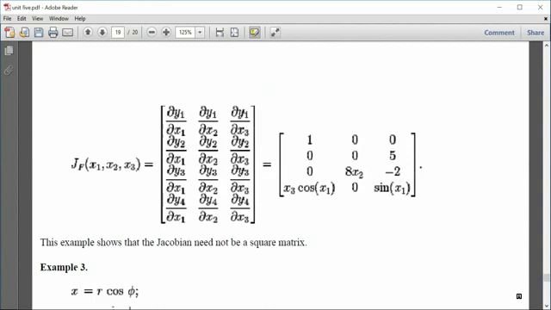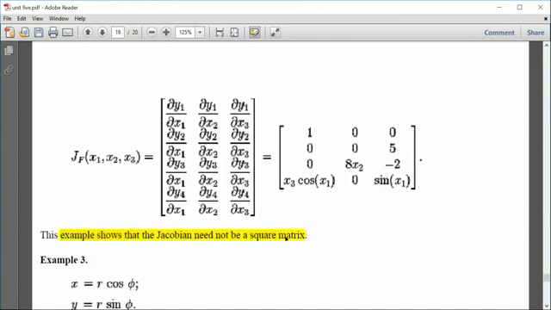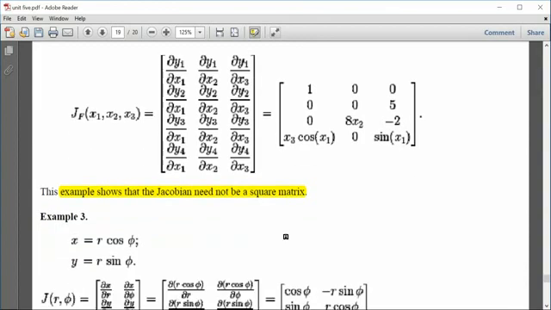Then the second column will be with respect to x2, and the third one with respect to x3. And we get our Jacobian matrix. You can go through it and confirm. This example shows that the Jacobian need not be a square matrix. Here we are seeing that it's a 4x3 matrix.